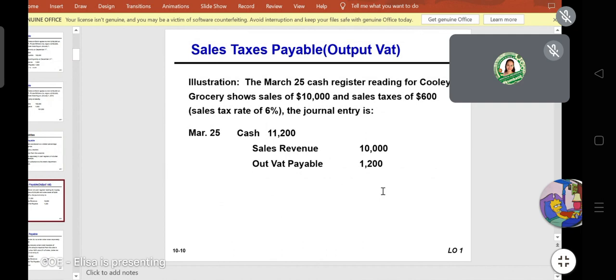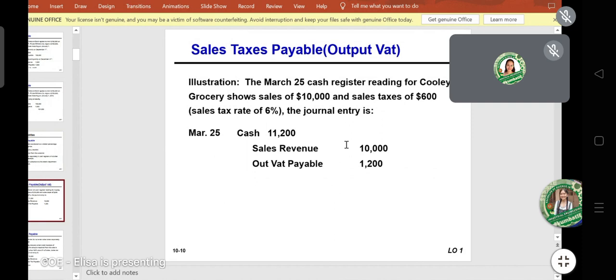The 100% is the value of the item to the seller, and the 12% of that is equivalent to the VAT that we pay on the item. So what we will look at now is the part of the seller, and why they have sales taxes payable.